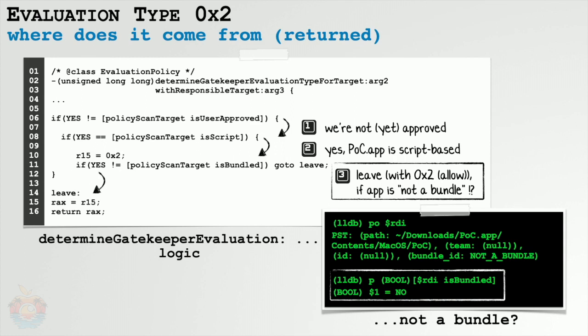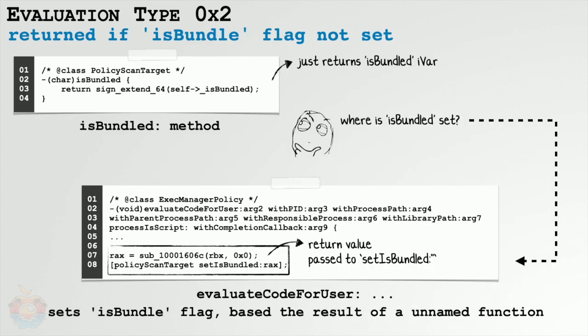So they're hard-coding the return value. However, before they exit with this return value, they call a method isBundled. And if that is set to false, it's going to leave with an evaluation type set to 2. Interesting. So of course, now we want to figure out, what does isBundled mean, because this is why an evaluation type of 2 is returned, which ultimately allows the application to run.